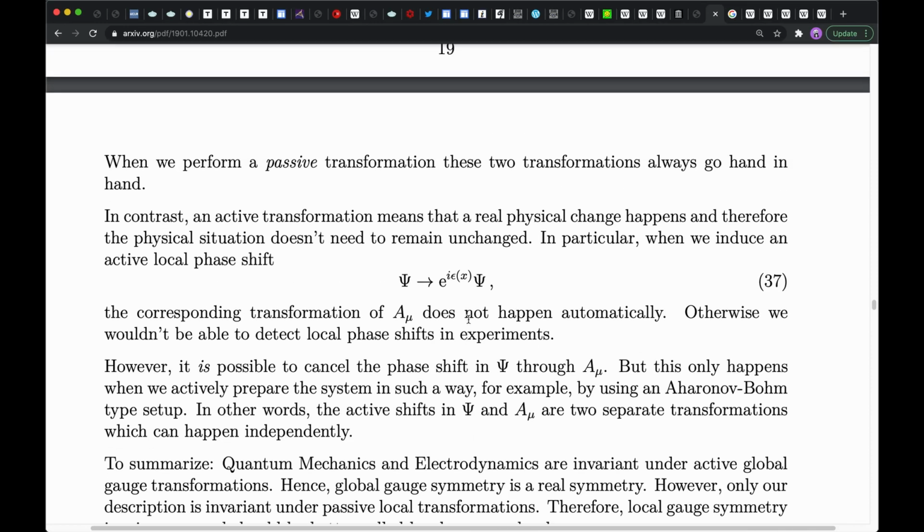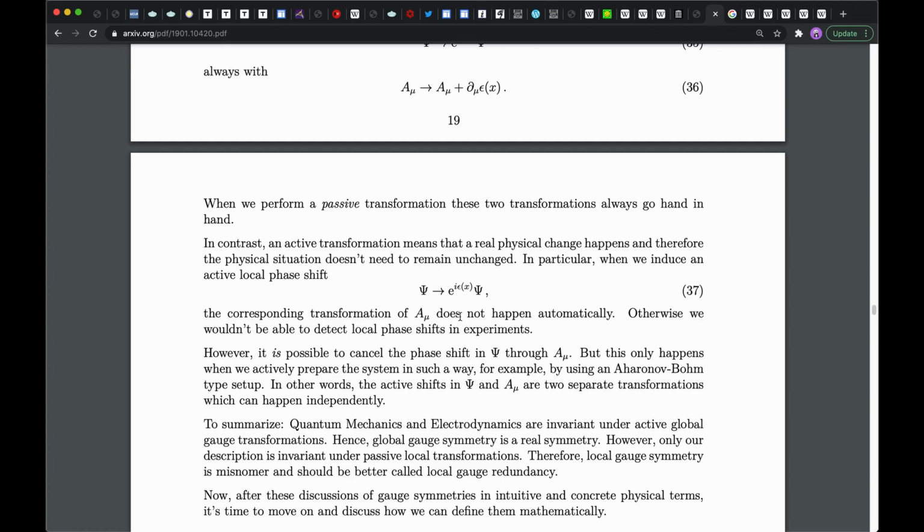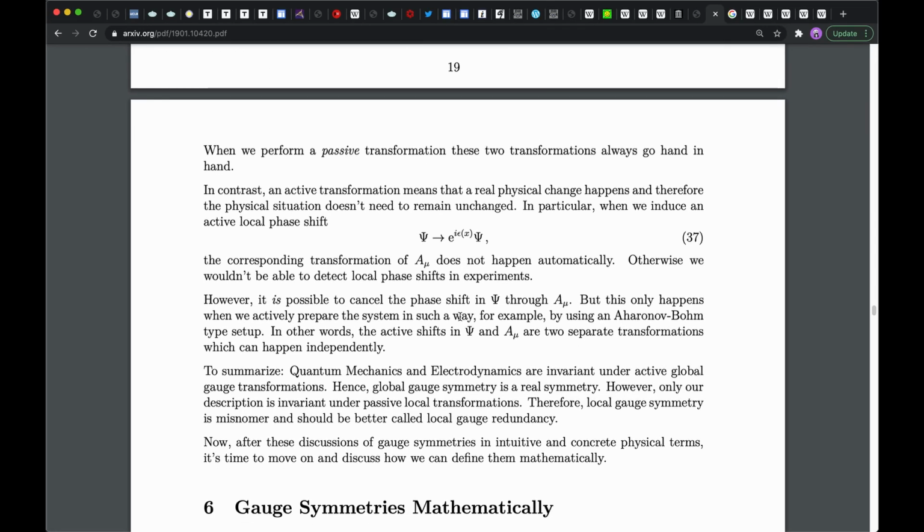So as far as I understand, he just wanted to make a really clear distinction between local and global gauge symmetries here, and to tell us that yes, global gauge symmetry is the real one, and it's not measurable, right?